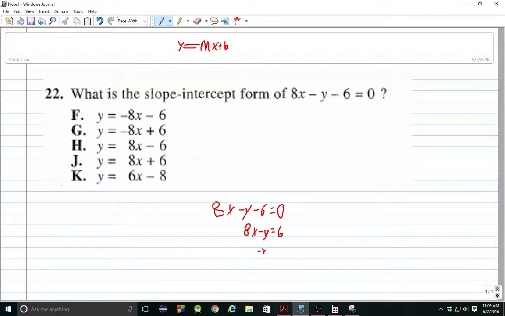So negative y equals negative 8x plus 6. And then we're going to divide this by negative 1, so y equals 8x minus 6. So this should be the correct answer, H.